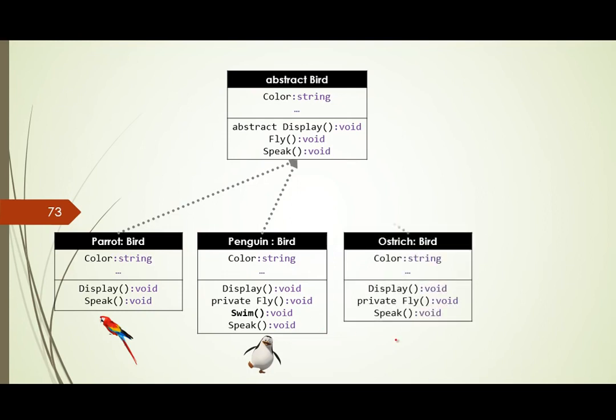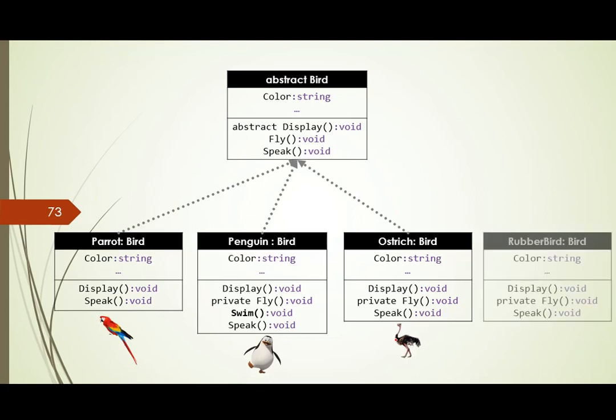Let's say we have ostrich, and same thing, display method, we have to write ostrich do not fly, so we are changing the fly method somehow, and changing the speak method as well.